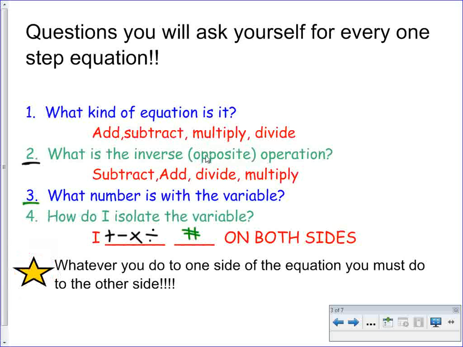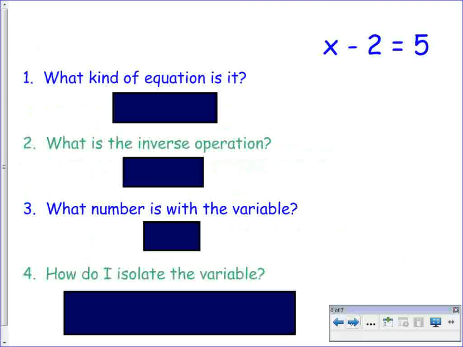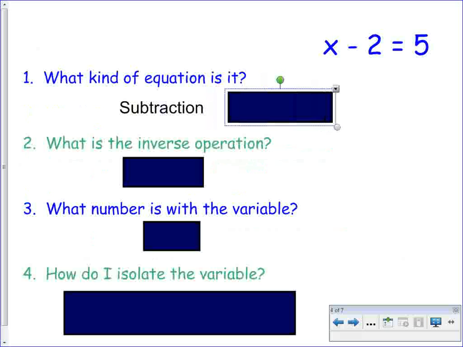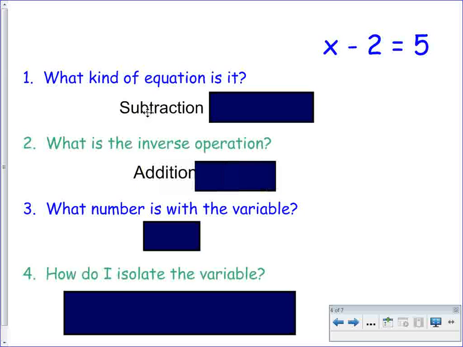Okay, so we're going to go through one example together. We're going to start with x minus 2 equals 5. First, we're going to use question number 1. What kind of equation is it? Well, we're using subtraction. Since we know that we're using subtraction in the problem, we know that the inverse operation, for question number 2, is addition.